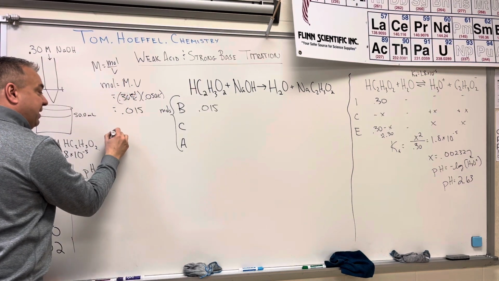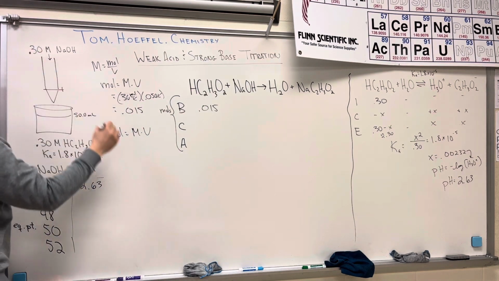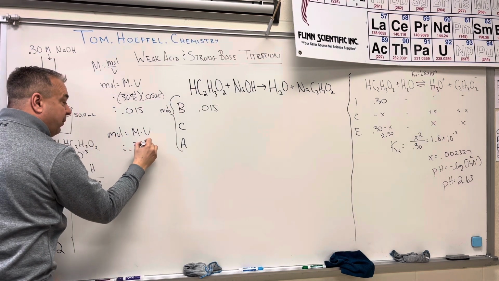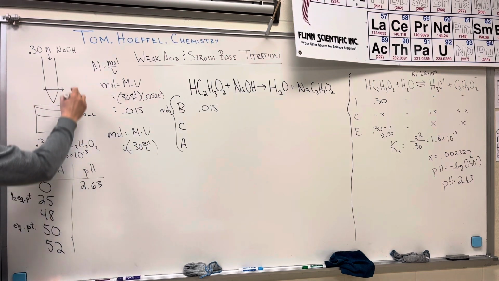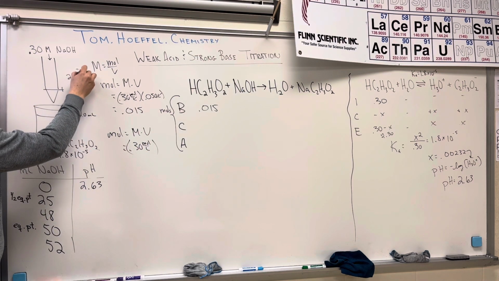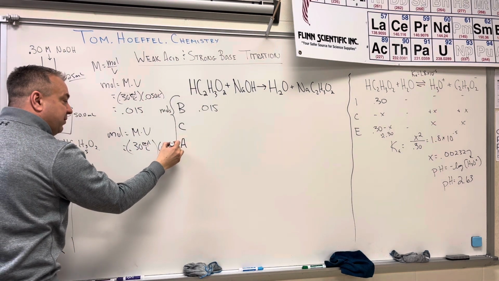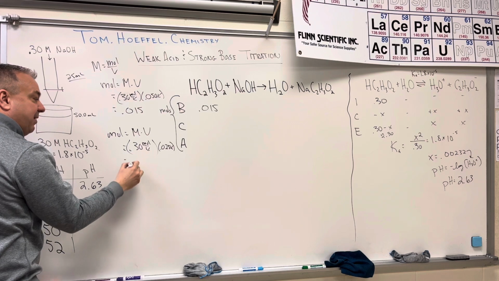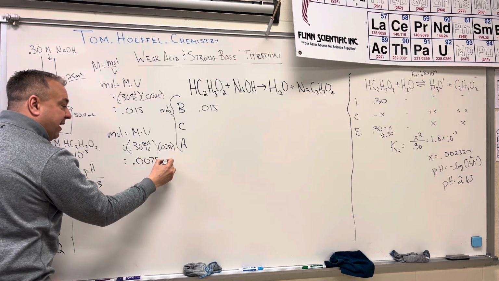I'm going to do the same thing for the base, molarity times volume. The molarity is still 0.3 because the molarity for both of them is exactly the same. But this question is asking about 25 milliliters. So that's the question that we're on. So I'm going to multiply that by 0.025 liters. Liters cancels out, and this comes out to be 0.0075 moles.